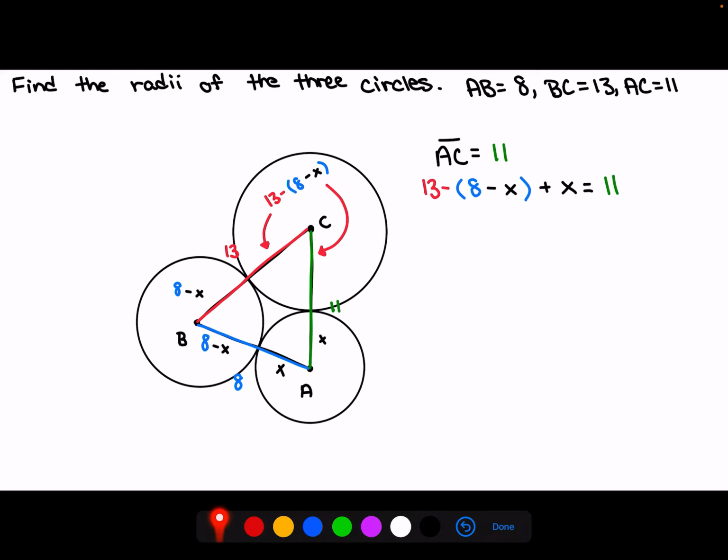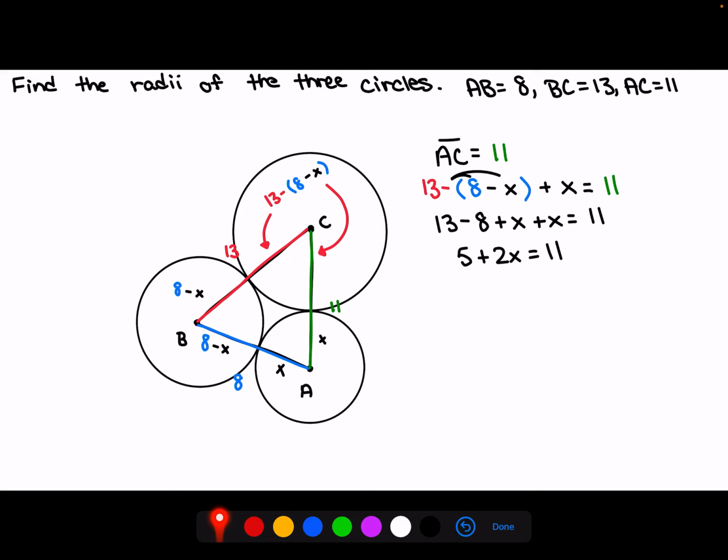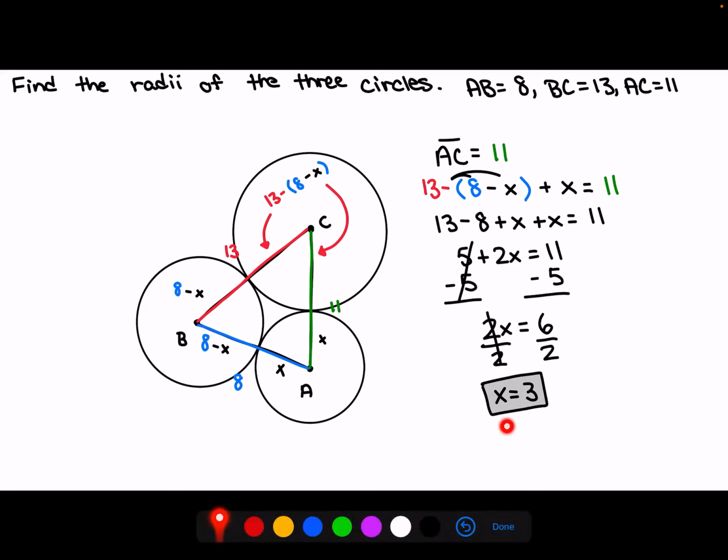First thing I do is distribute the negative through the parentheses, giving me 13 minus 8 plus X plus X equals 11. Combining like terms will give me 5 plus 2X equals 11. Subtracting 5 from both sides gives 2X equals 6, and dividing both sides by 2 gives X equals positive 3, which is nice, but we're looking for the radii of the circles.